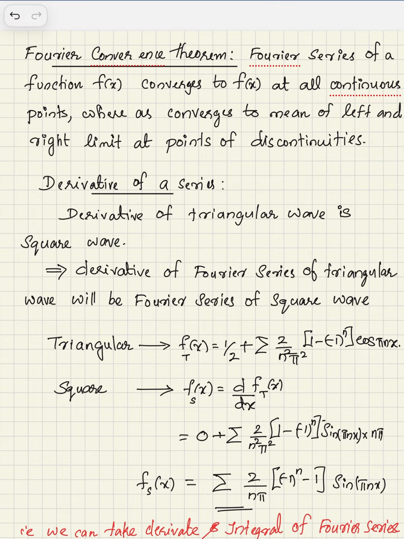For square wave, you simply differentiate this one. If you are differentiating, half will give you 0, and then cos pi nx will give you minus sin pi nx into n pi. So the n pi in the denominator will cancel. This minus will reverse this order, minus 1 raised to n minus 1. So we can take the derivative or integral of a Fourier series. Okay.